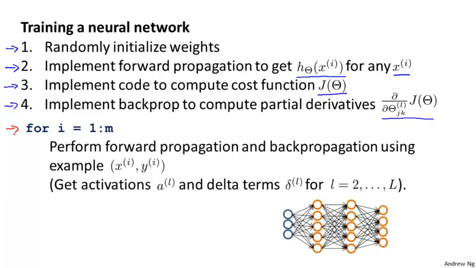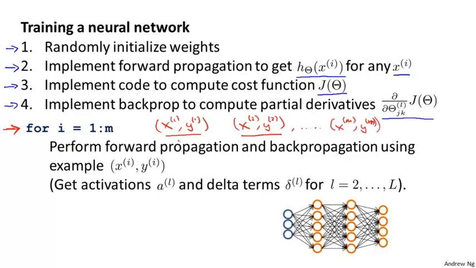Some of you may have heard of, frankly, very advanced vectorization methods where you don't have a for loop over the m training examples, but the first time you're implementing backprop, there should almost certainly be a for loop in your code where you're iterating over the examples (x1, y1), then you do forward prop and back prop on the first example, and then in the second iteration of the for loop, you do forward propagation and back propagation on the second example, and so on until you get through the final example.